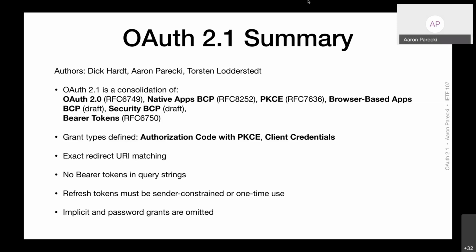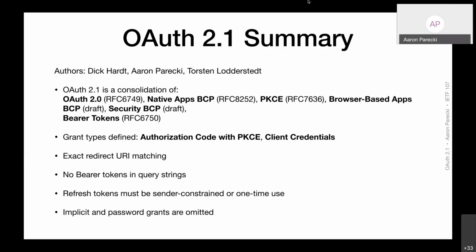So the idea with OAuth 2.1 is to start from the beginning, start from 6749, play these RFCs in order, and what you get at the end of them is what's then captured in this new document. So you look at what's described across all these RFCs and best current practices, you essentially end up with two grant types that are defined: authorization code along with PKCE, as well as the client credentials grant type.